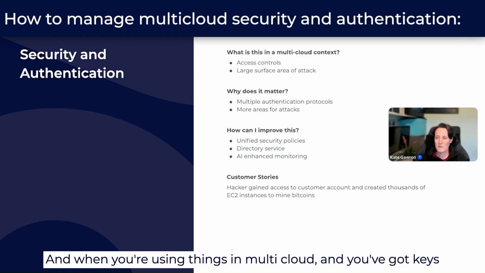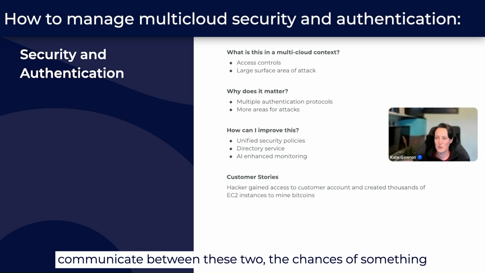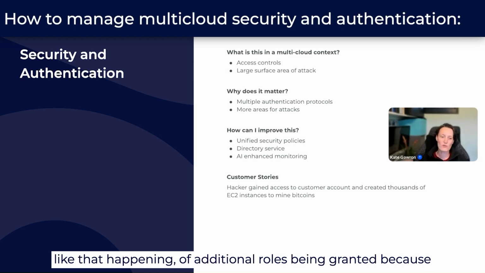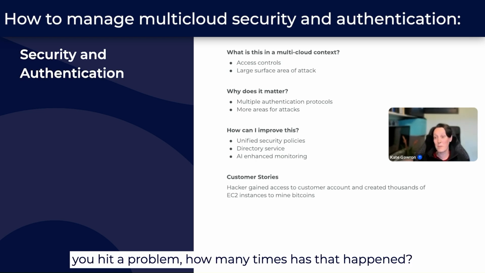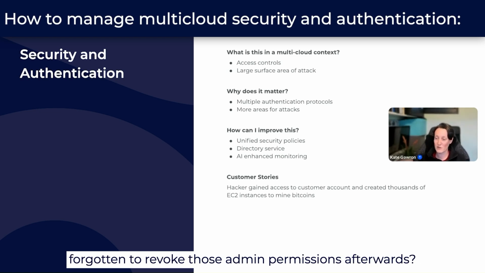And when you're using things in multi-cloud and you've got keys saved in GCP or things saved within AWS, and you're trying to communicate between these two, the chances of additional roles being granted because you hit a problem, how many times has that happened? Oh, just give them admin for 5 minutes so they can fix the problem. And then how many times have you probably forgotten to revoke those admin permissions afterwards?